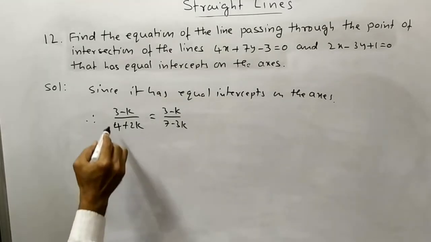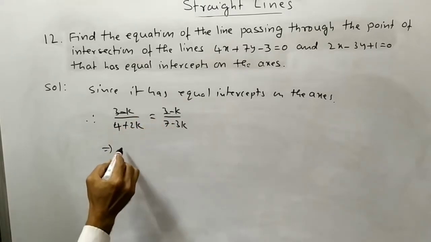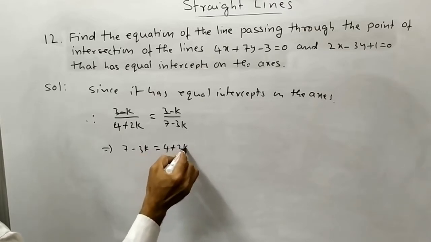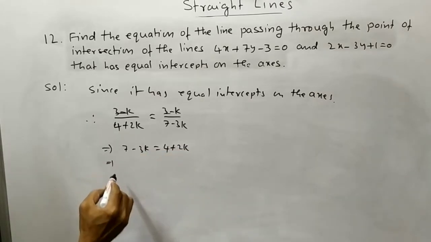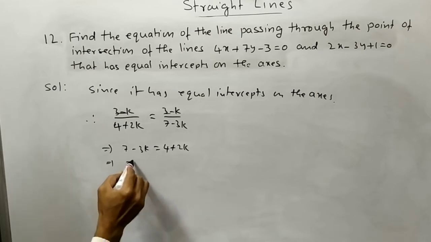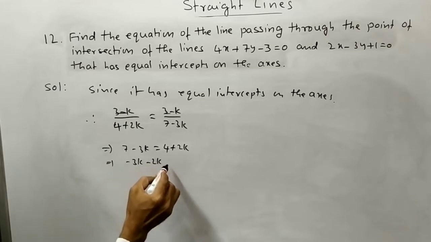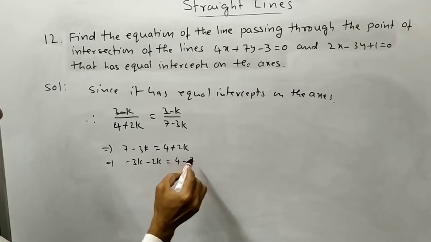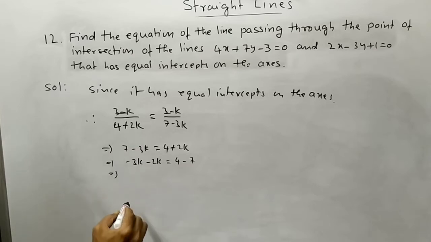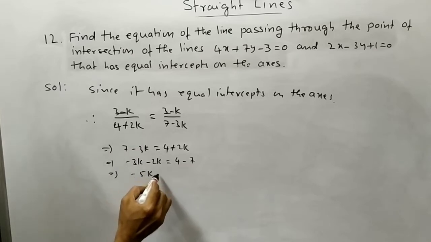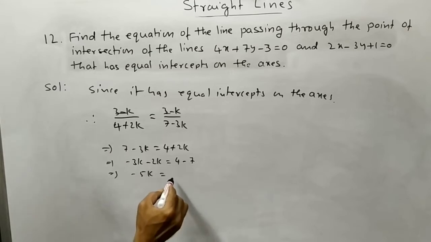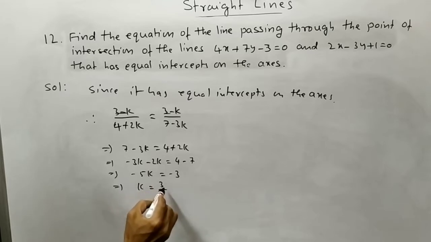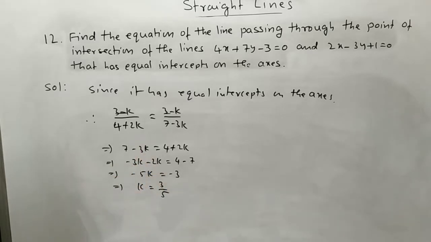This implies 7 minus 3k is equal to 4 plus 2k implies minus 3k minus 2k is equal to 4 minus 7. This implies minus 5k is equal to minus 3. This implies k is equal to 3 by 5.